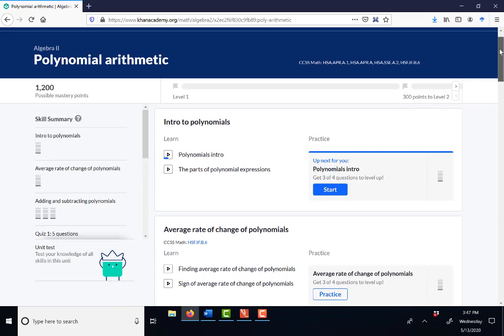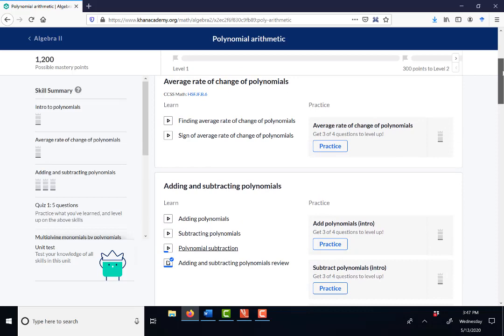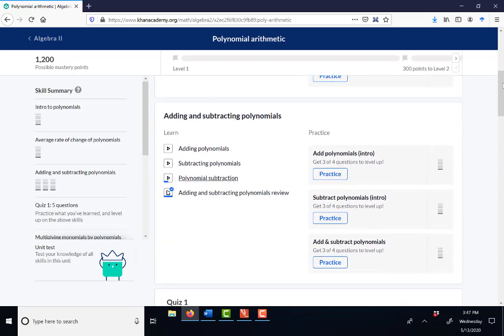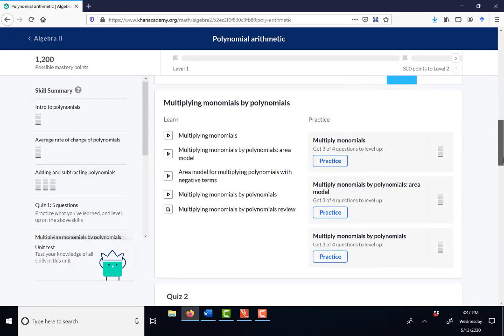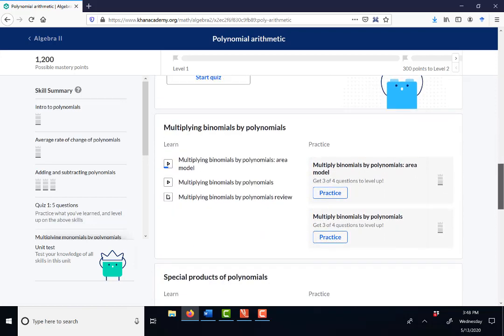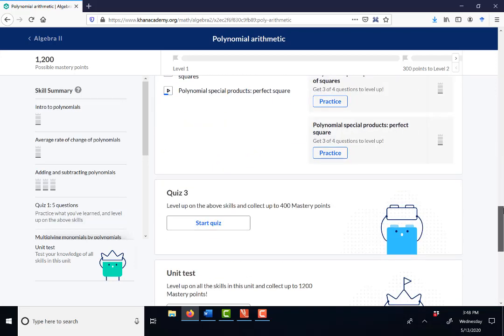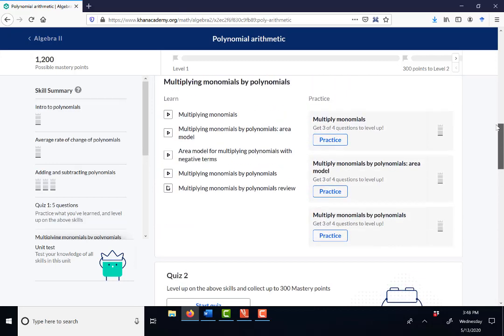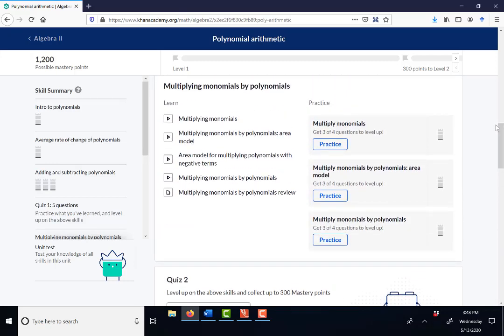We'll do average rate of change later, but if you need more help on adding and subtracting polynomials, there are more explanations and examples there. And if you need more help on multiplying, there are more examples on multiplication there and down here.